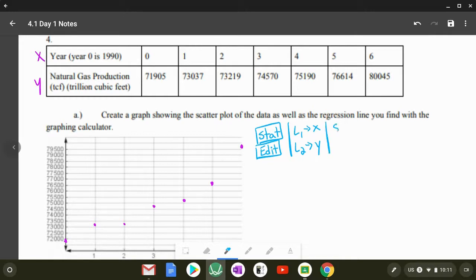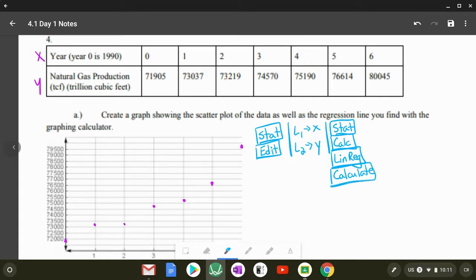And then after that, you're going to hit stat, calculate, or calc. Then you're going to hit lin reg. So you're going to scroll down, and there's going to be a lin reg, a quad reg, maybe a cube reg. There might be a couple other ones. And then after that, you're just going to hit calculate.